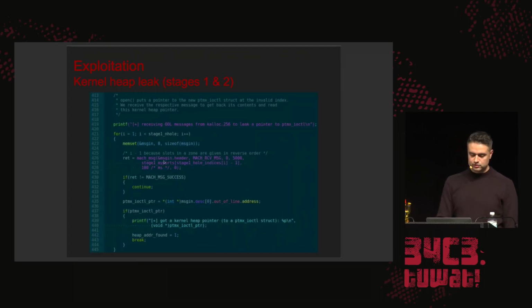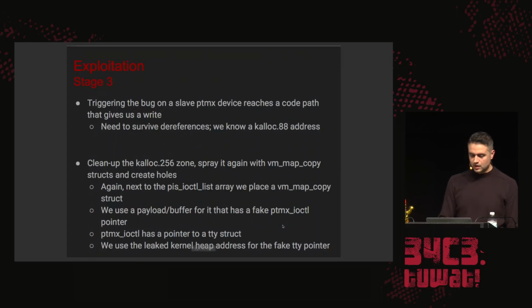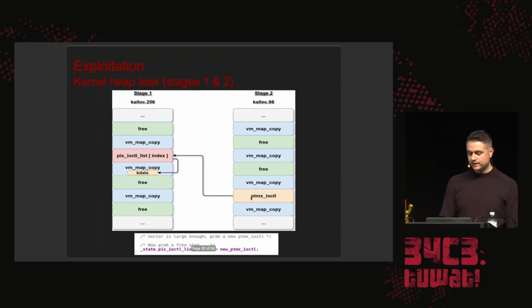So that's the code to do that. I simply receive all the messages, and that's my address. Okay, so at this point, what I only have is the address of this heap slot.